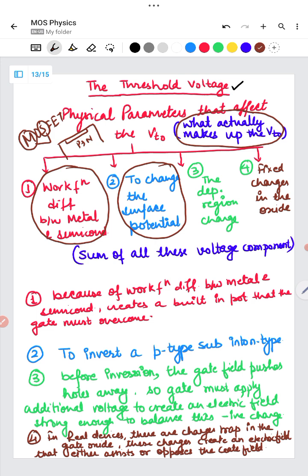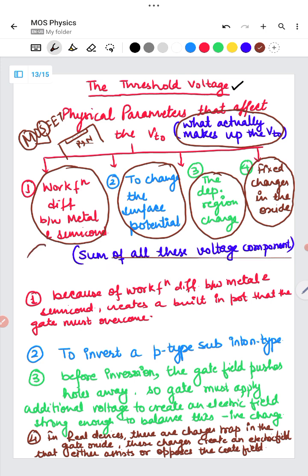The third parameter: before you convert P to N, there is a depletion region, and because of that depletion region, this also contributes to the threshold voltage. Then the fourth component is the fixed charges that exist in the oxide. The sum of all these voltage components contributes to the threshold voltage.